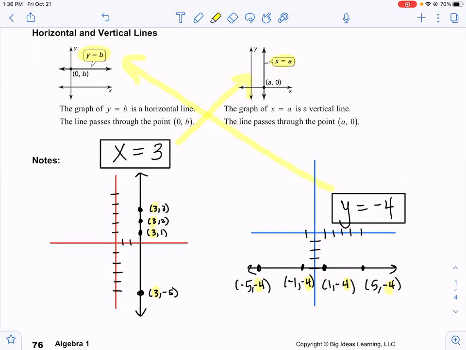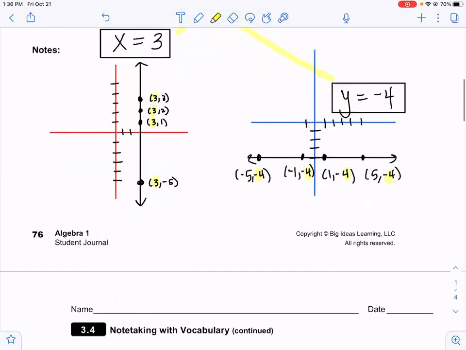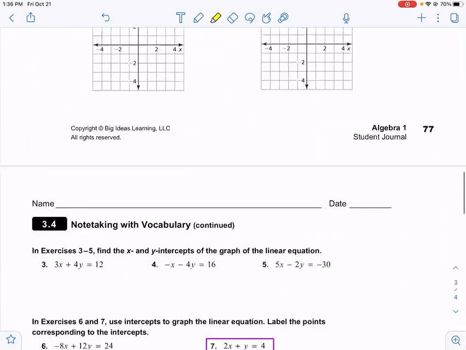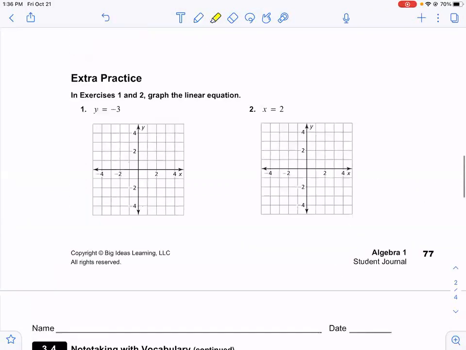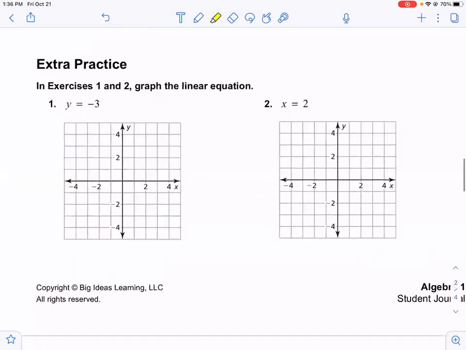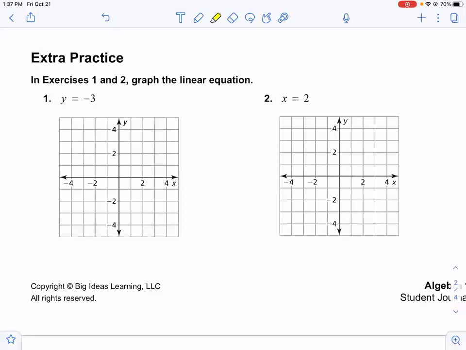So on page 77, graph those two lines right here. Basically, you need to decide which one's vertical and which one's horizontal.